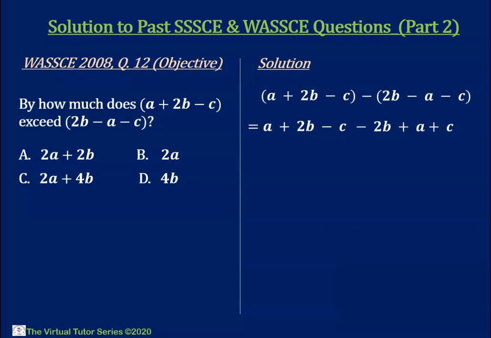Remember, negative times positive is negative, and negative times negative is positive. Now, 2b gets rid of negative 2b, and negative c gets rid of c, leaving a plus a, which is 2a. Therefore, the correct answer is option B.